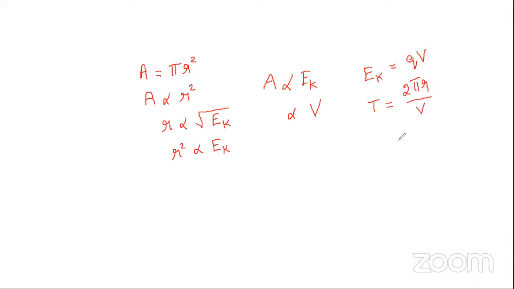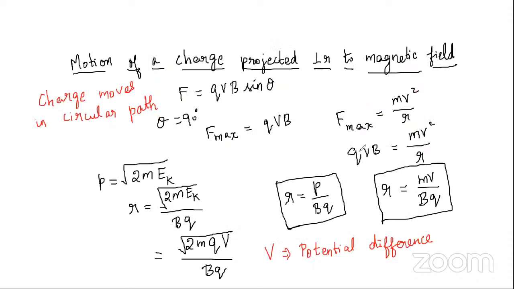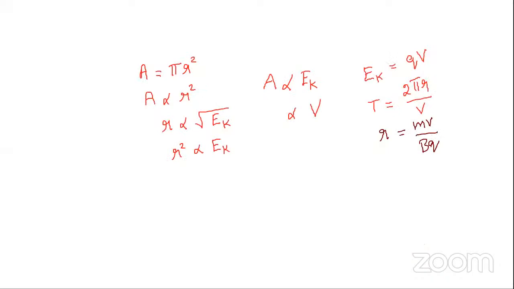And we know very well that r equal to mv by bq, from our previous slide. As you can see here, r equal to mv by bq. Using this, you can calculate the time period.